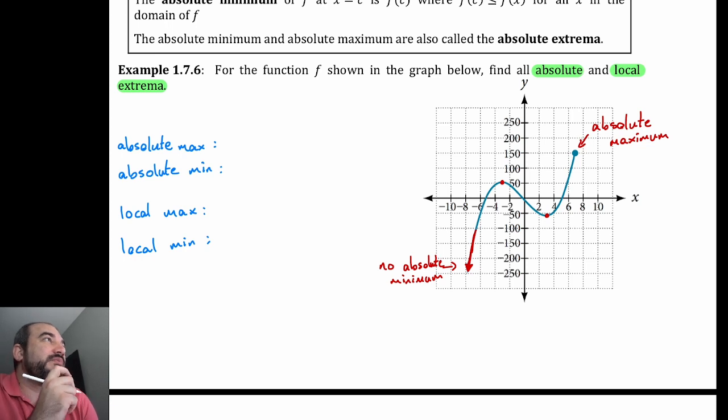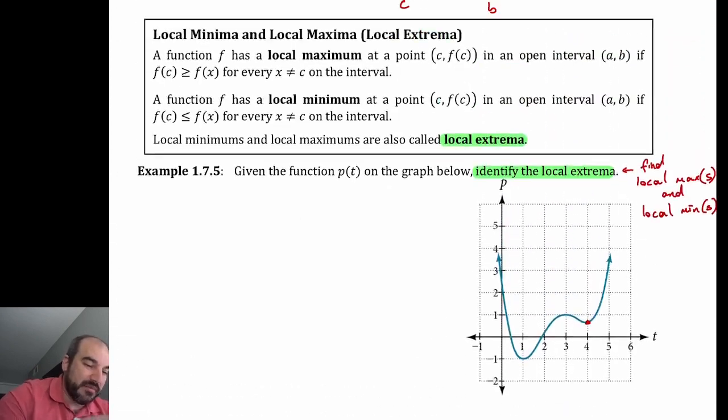So there is specific verbiage for local max and local min, right? Is this point a local maximum? Remember what we said about local maximums.